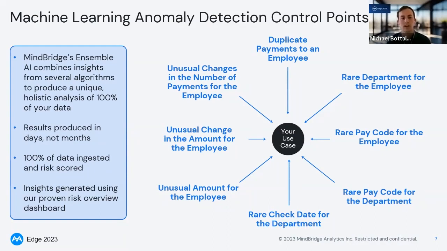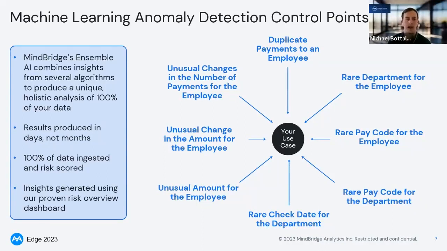So multidimensional analysis in terms of how these things are being affected. The rare control point was part of our core general ledger module, but it's been configured to better analyze the subledger data around payroll to build that understanding of how these different fields interact with one another.